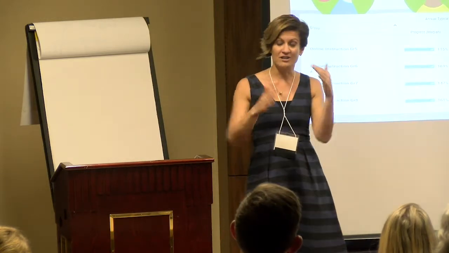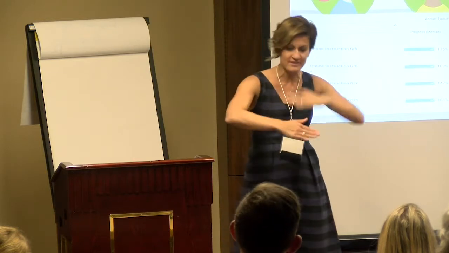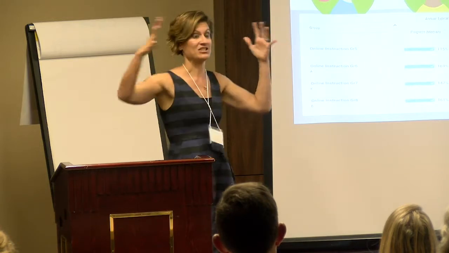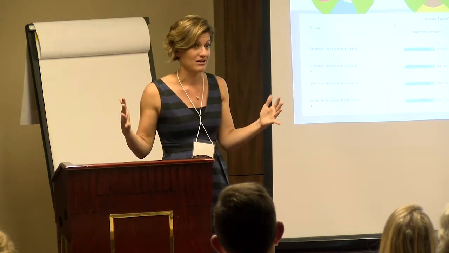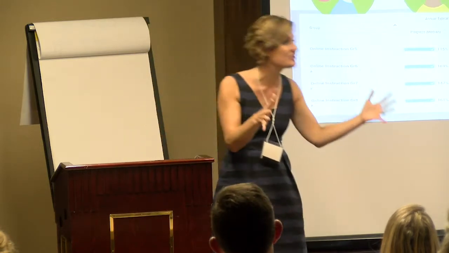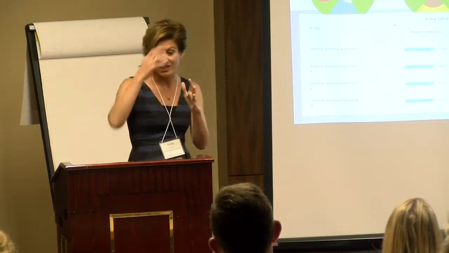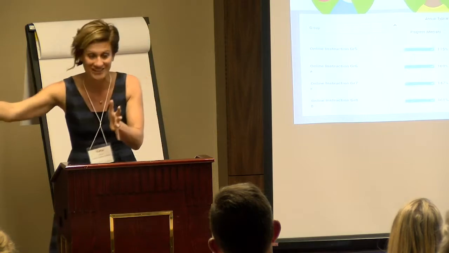So the model of layering supports, and again, this doesn't mean every kid made growth, but the average aggregate is that our kids who are struggling with literacy are growing, in some cases, three years of growth in a year for being a part of really high-level Tier 1 instruction, and then also getting a reading intervention, and in some cases getting another block of it in a learning center.